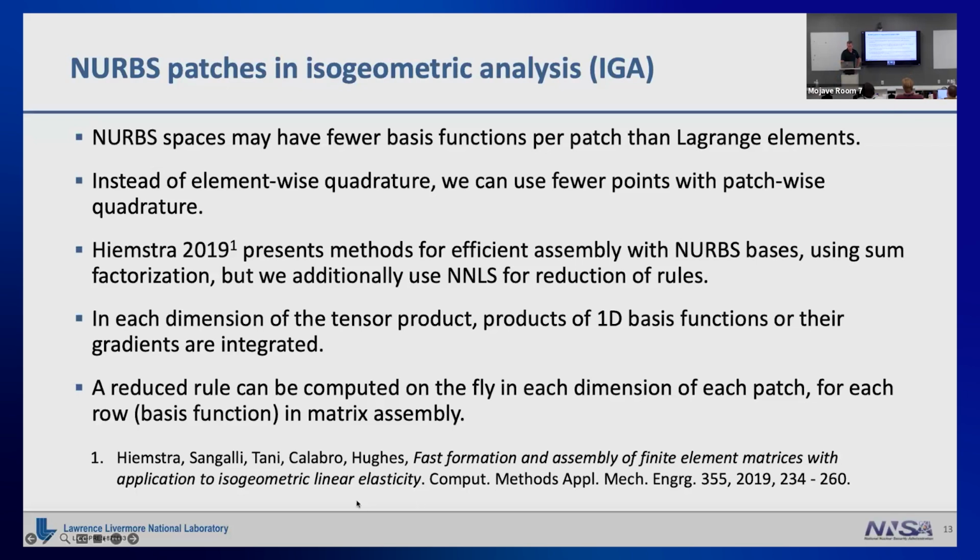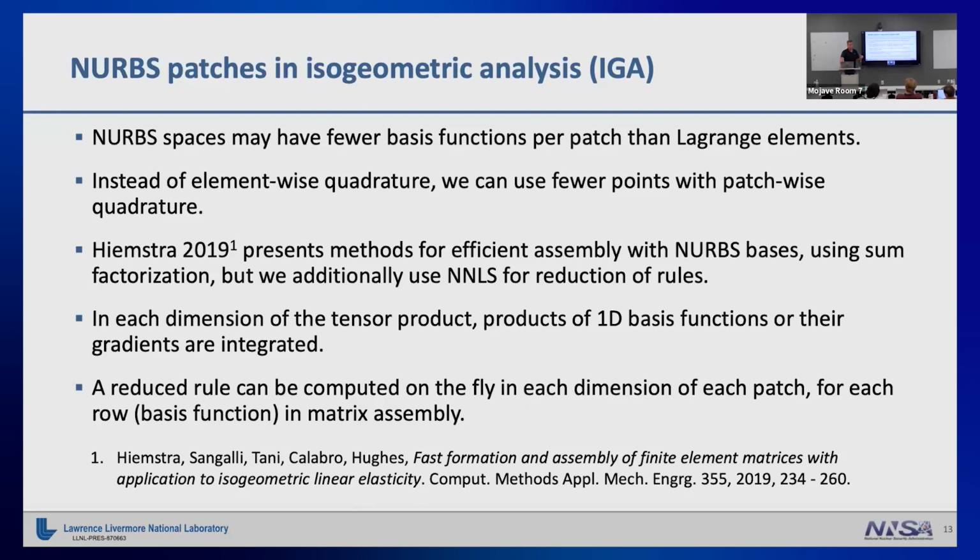So what we do is, in the matrix assembly computation, each basis function gets its own integration rule. This allows you to really minimize the number of points used for each integration.